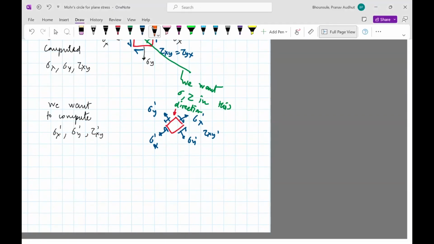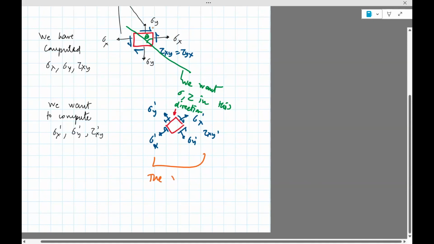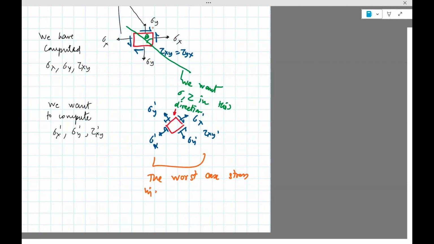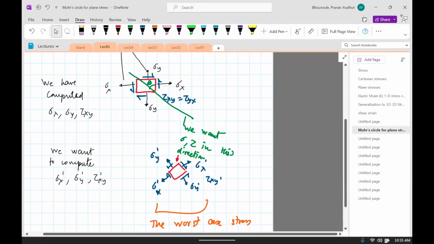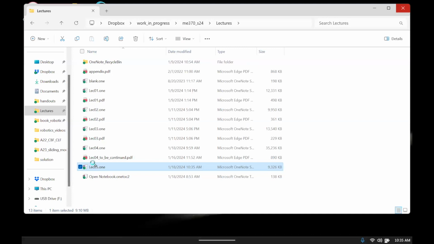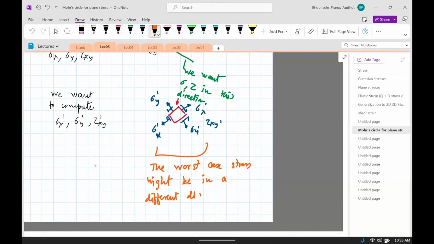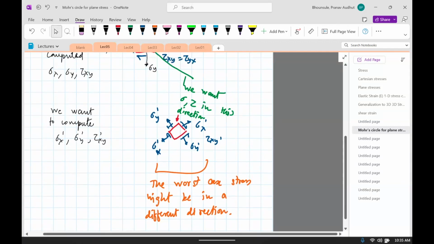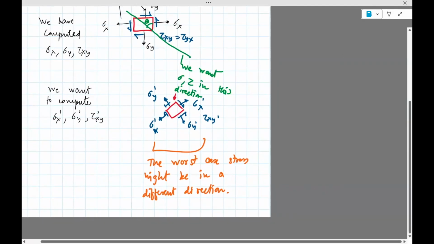Okay, so the worst case stress might be in a different direction. If the worst case is in a different direction, and you do not identify it and don't use it for design, clearly that material will break at that worst case section. So you always have to figure that out.